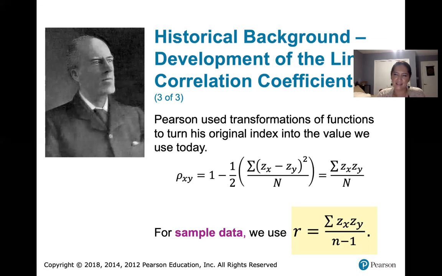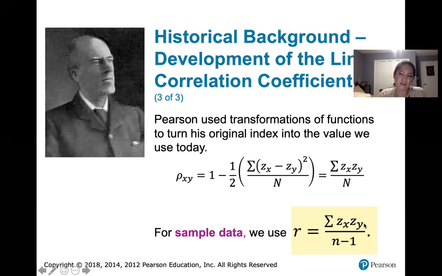So that is where it comes from. That's why we're using z-scores here, because z-scores are measuring a number of standard deviations above or below the mean. And if the x, y values line up on a straight line, and that line has a positive slope, then these two values, the z-score corresponding to the x value and the z-score corresponding to the y value, they're going to be very similar.